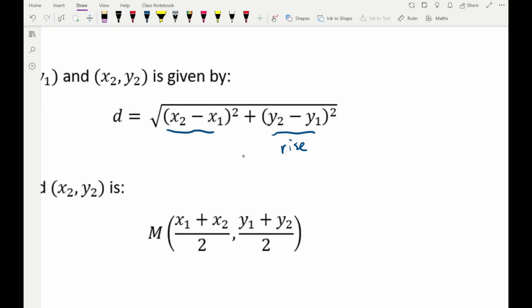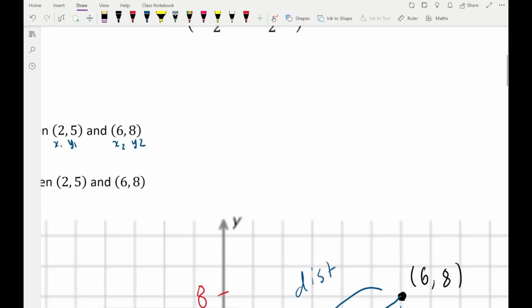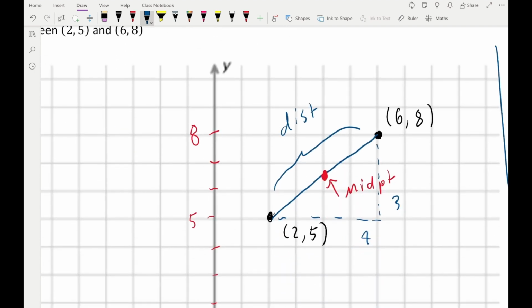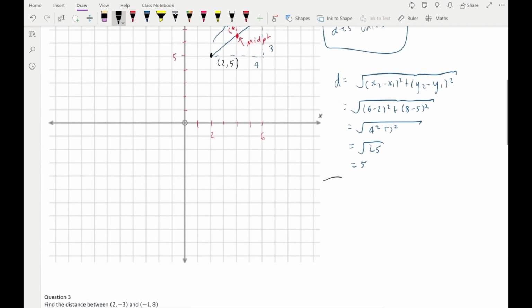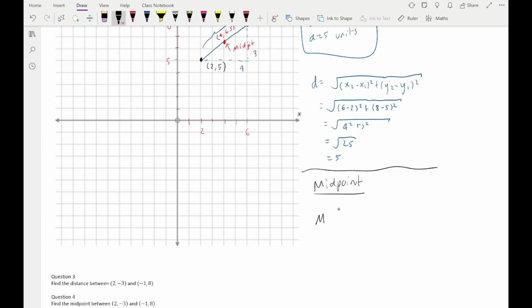All right, midpoint. To find the midpoint, you can kind of see it on here. We're expecting it to be 4 on the x value, and in between 5 and 8, so I think that'll be 6.5 on the y value. But let's see if we can get it using the midpoint formula. The midpoint is going to be ((x1 plus x2) over 2, (y1 plus y2) over 2).